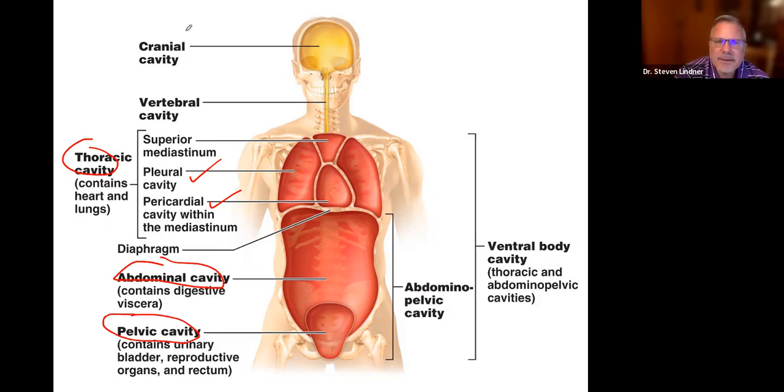The brain is in the cranial cavity, and the spinal cord is in the vertebral cavity. And there's one other pathway that's called the mediastinum. And the mediastinum is where many of the blood vessels that lead into the heart and tubes that lead into the lungs travel through this region called the mediastinum.